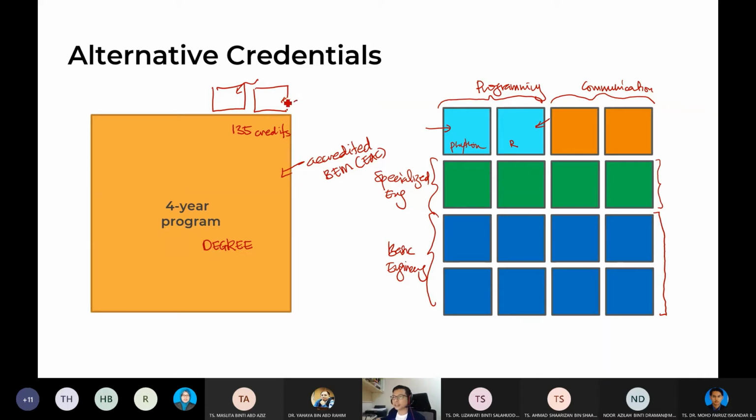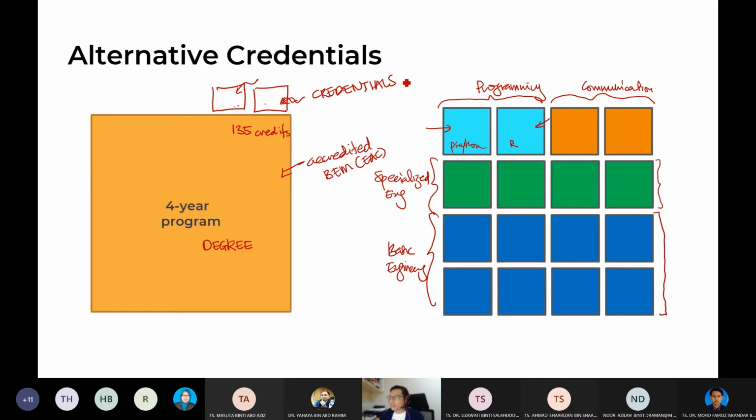The other way is for universities to offer these smaller courses on top of this degree block. But then the question is, here we have an accredited degree, so what kind of credentials do you call this?